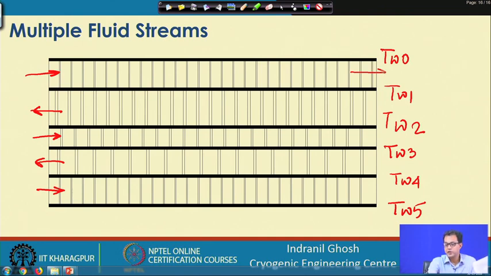So, that will be automatically taken into account if we are able to write down the fin equations and the plate equations separately.